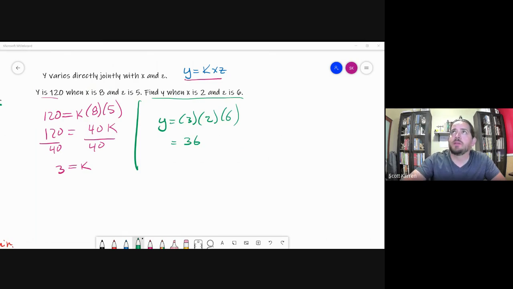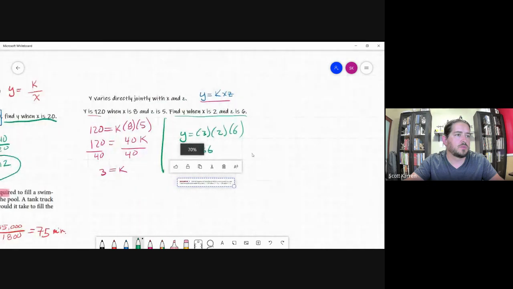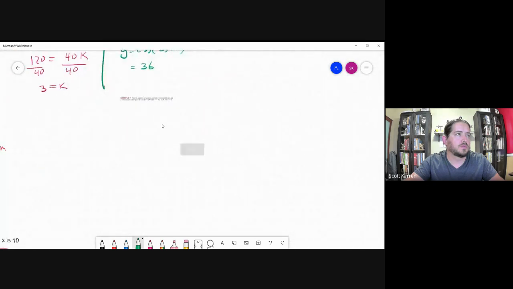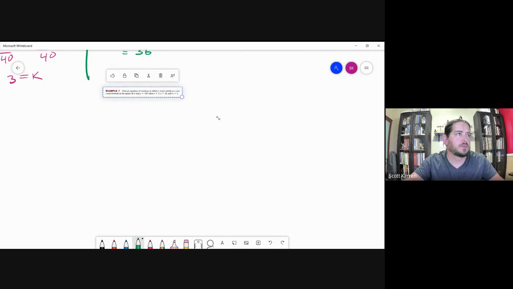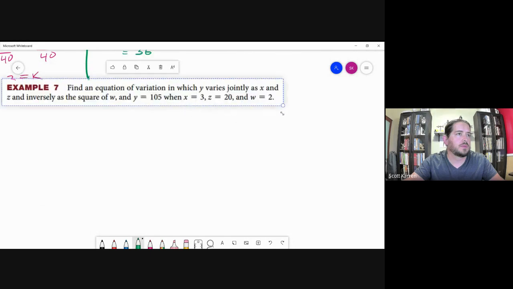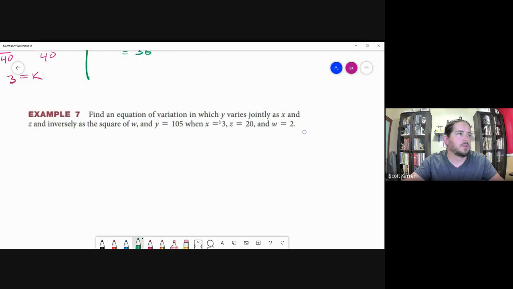Okay. And of course, they can do all sorts of funky junk with their language. Let me snag example 7 here, because it is indeed funky. All right.